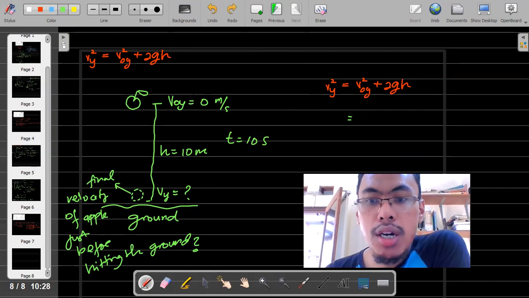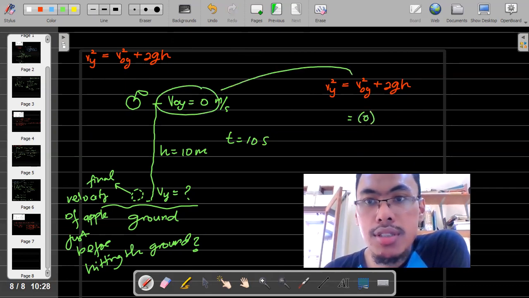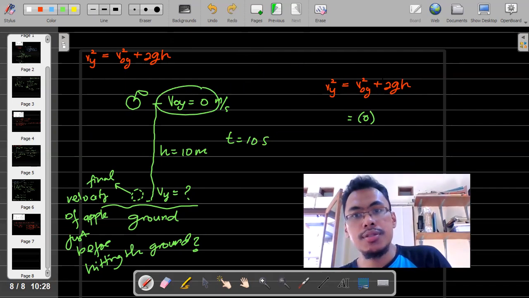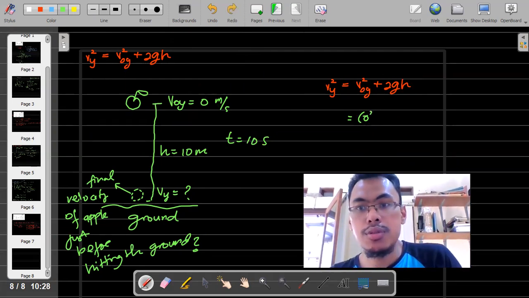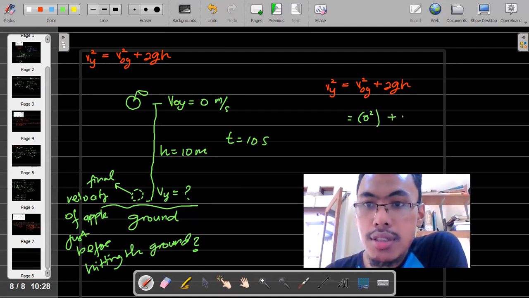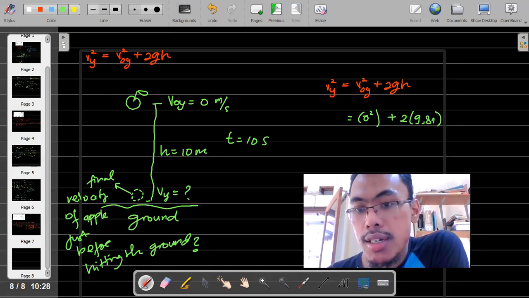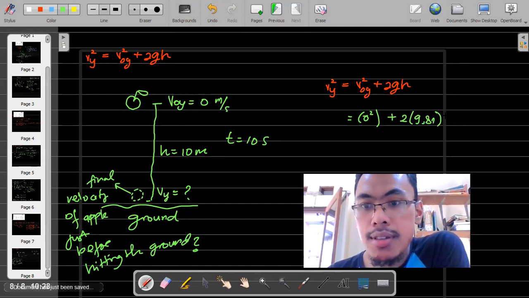The V0y to the power of 2 is 0, so it is 0 to the power of 2 plus 2 times g, where g is 9.81, times the height of the apple, which is 10.